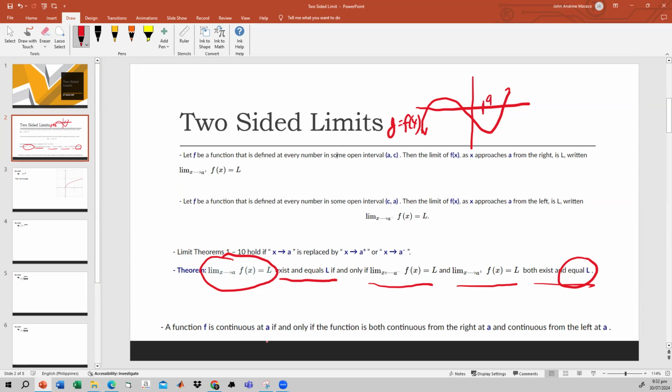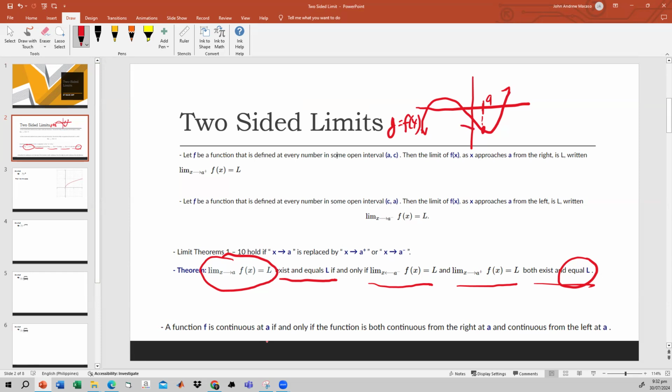If you want to check if the limit exists at a in this given graph, what you need to do is based on the theorem. This corresponds to the a here. So for you to know if the limit exists, you just need to check how the graph behaves closer and closer to a from the left and from the right.